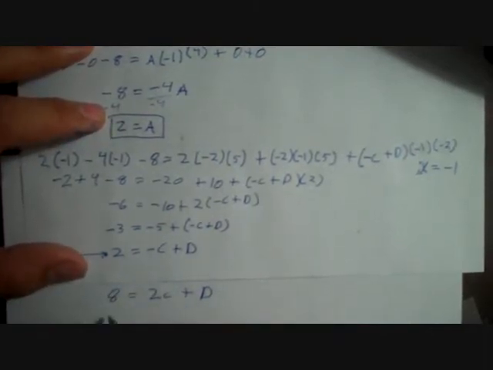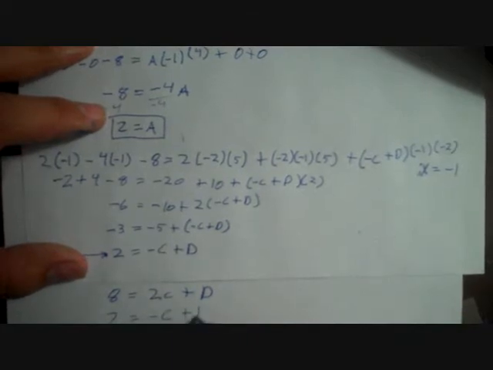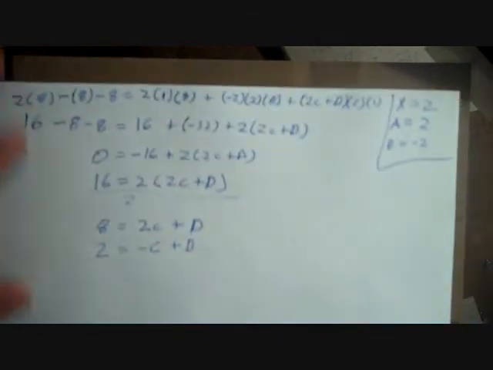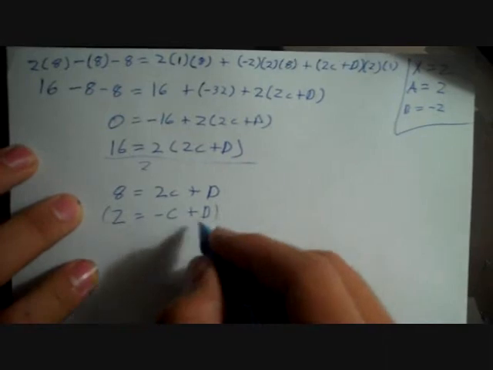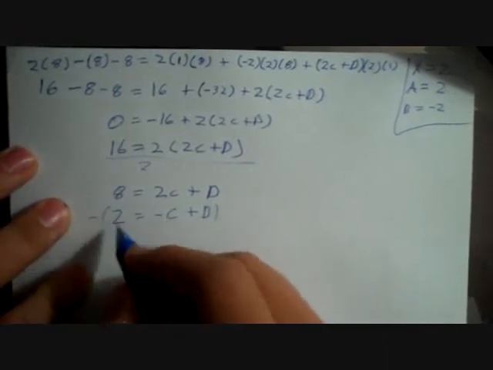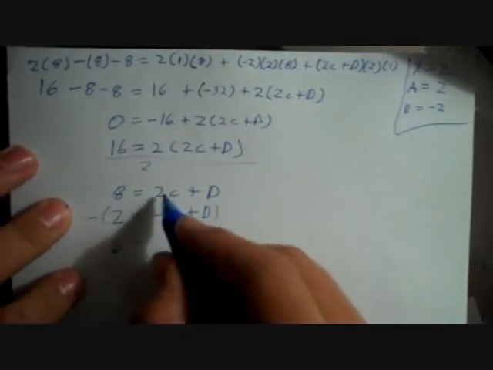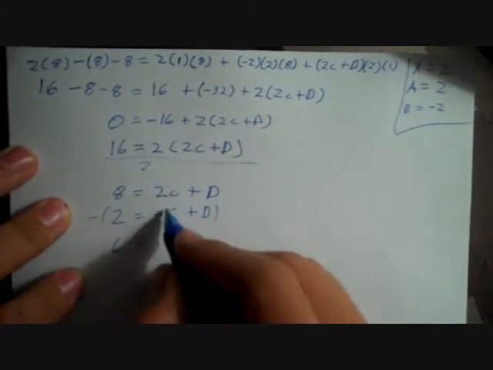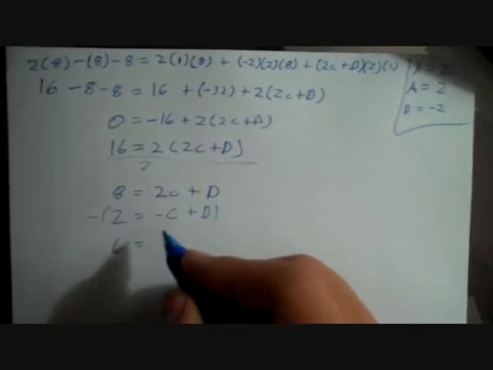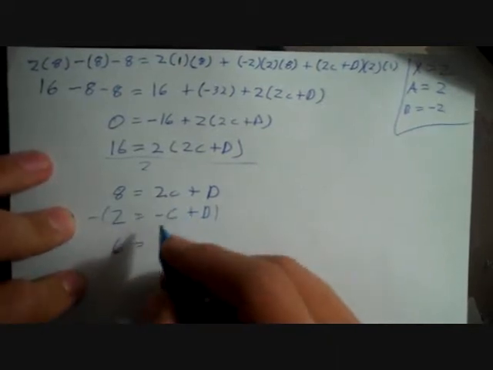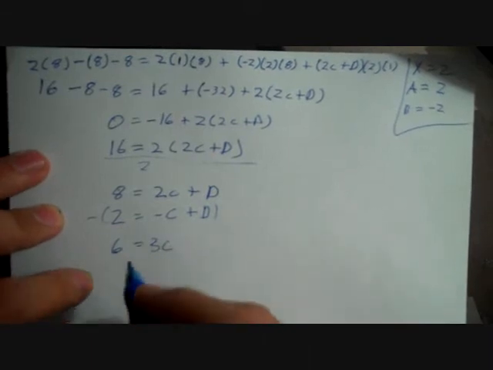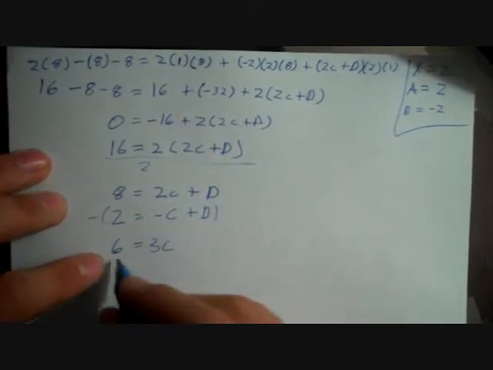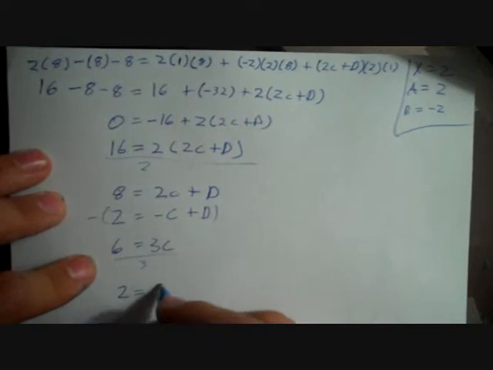So we'll have 2 equals negative c plus d, and well, we know how to solve this. It's a simple system of equations. We can do elimination. So 8 minus 2 is 6 equals 2c minus negative c, so that'll be 2c plus c, so that's 3c, and d minus d, well, that's just 0. So if 6 equals 3c, divide both sides by 3, 2 equals c.